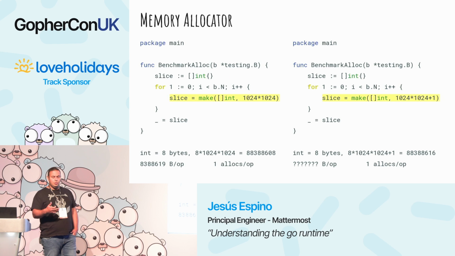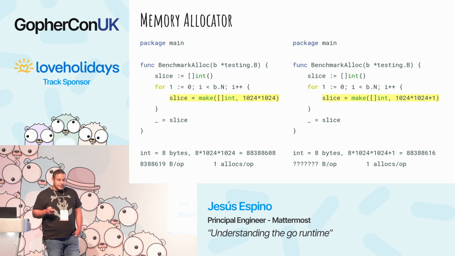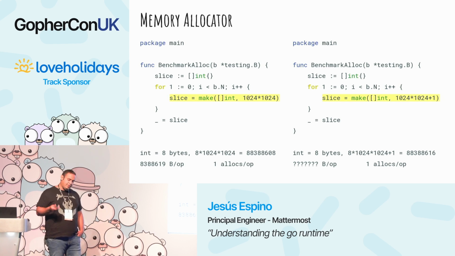If I execute that benchmark, what I get is 8 megabytes plus 11 bytes for some metadata. But what happens if I add one more integer, 8 more bytes? It's going to take 8 megabytes plus 8 kilobytes plus 11.